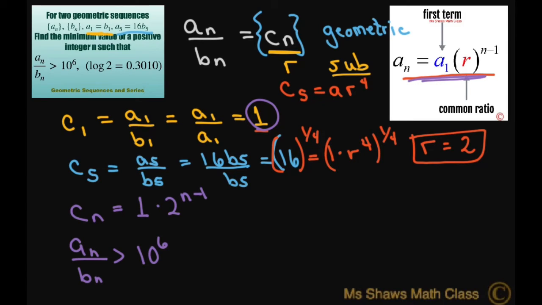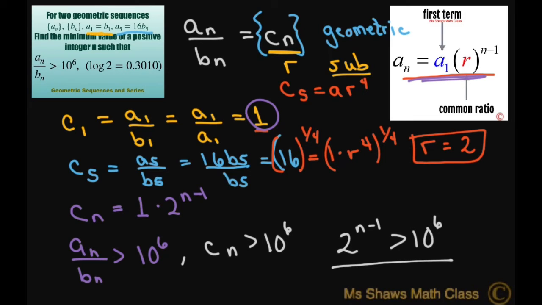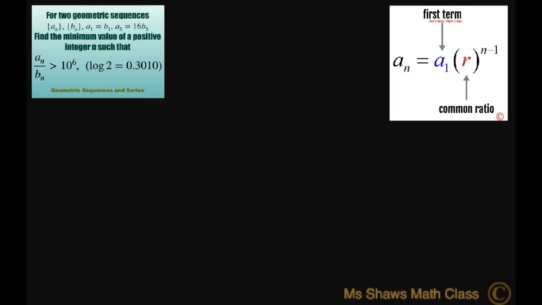That means c sub n is greater than 10 to the power of 6, which means 2 to the power of n minus 1 is greater than 10 to the power of 6. Now we need to solve for n. So let's do that, and I'll write this again: 2 to the power of n minus 1 is greater than 10 to the power of 6.